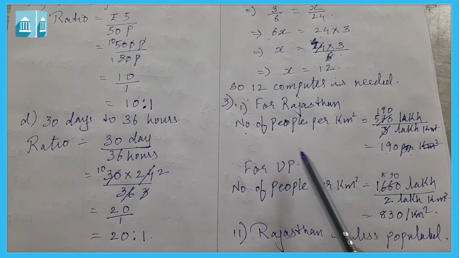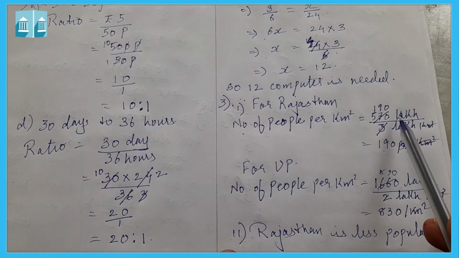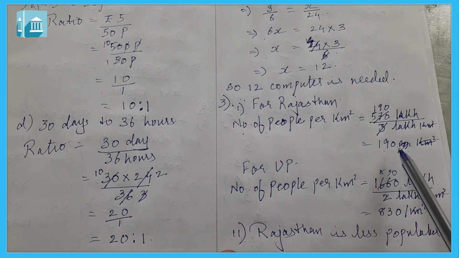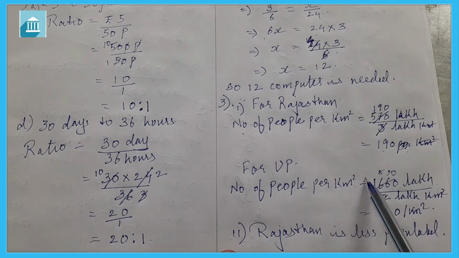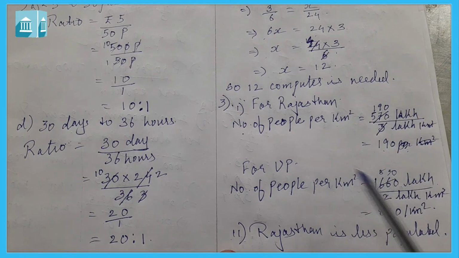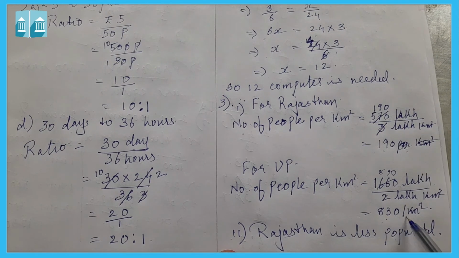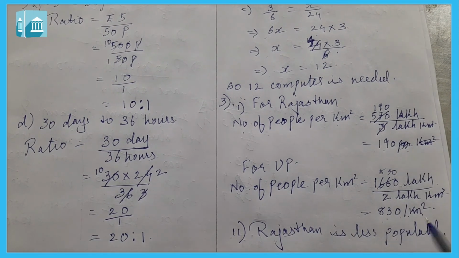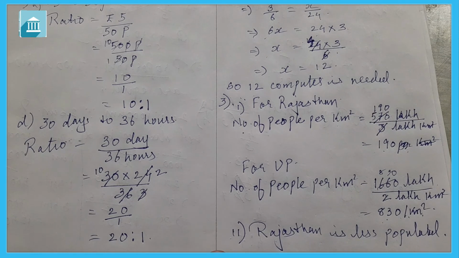First we found the number of people per kilometer square by dividing the total number of people by area. In UP also, total number of people by area. So we get 190 people per kilometer square here, and here we got 830 people per kilometer square. So Rajasthan is less populated.